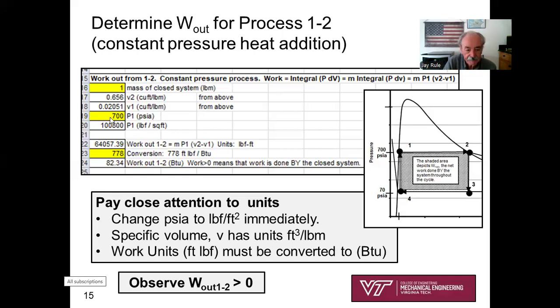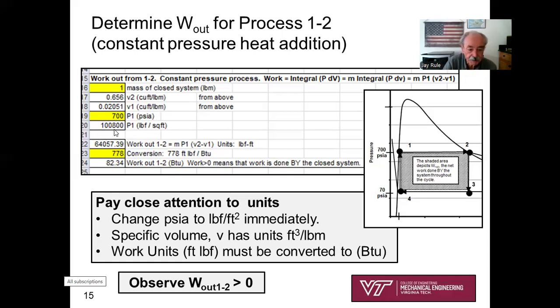So 700 times 144, because there are 144 square inches in a square foot. That's how I know to multiply 700 by 144. I've got lots of square inches in 1 square foot, so I've got a huge pressure because it's pounds per square foot, not per square inch.